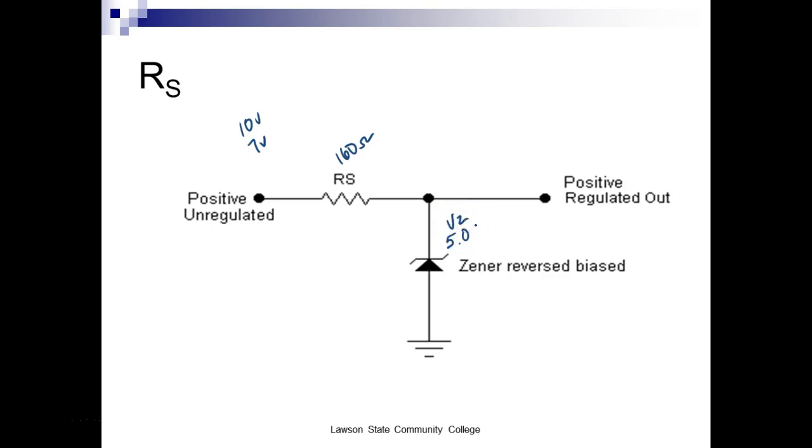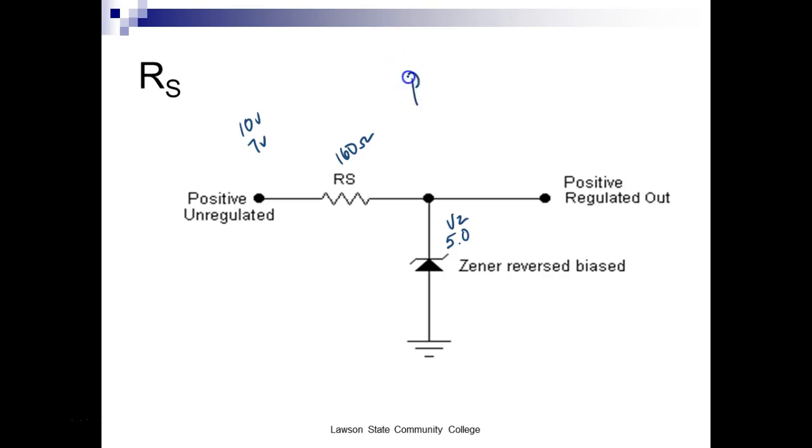So what's the maximum voltage? When it's dropping its maximum voltage, it's just going to dissipate its maximum power. What would be the maximum voltage that resistor would ever drop? The maximum voltage it'll ever drop. It'd be 5 volts, right?